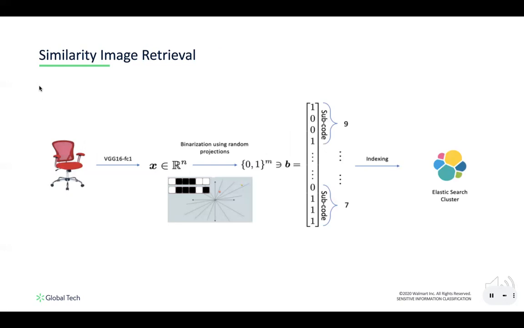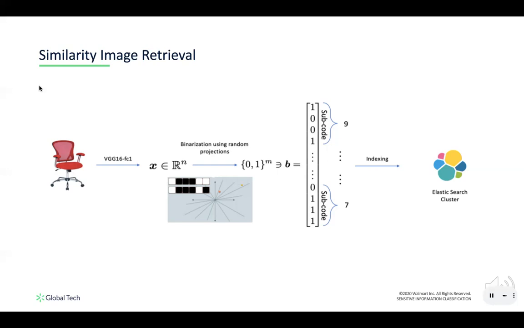The similarity image retrieval works by first extracting features from the image using CNNs. In our case, we use the fully connected layer of VGG16. A typical embedding is a high-dimensional vector consisting of floating point numbers. At search time, both the high dimensionality and the large number of floating point comparisons are big hindrances to a scalable near real-time system.